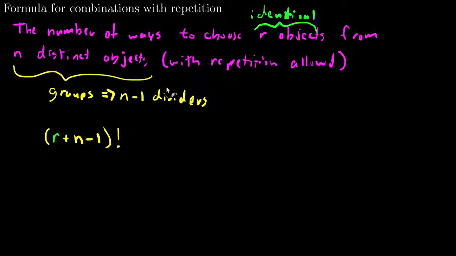And then the n minus 1 dividers, the 2 dividers from the last example, to get us the 3 distinct groups. And then I can divide that by R factorial, because each of the R objects is in that permutation, times n minus 1 factorial.